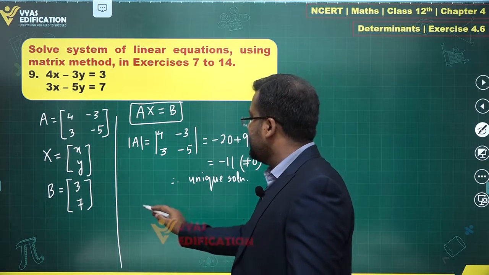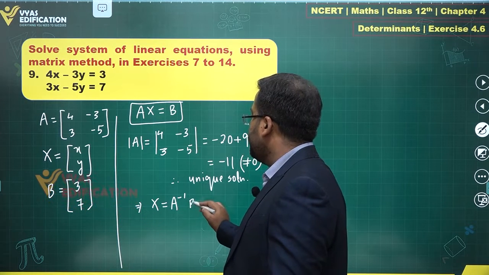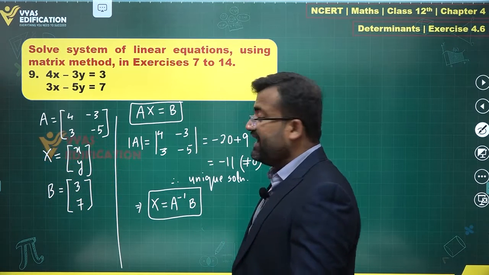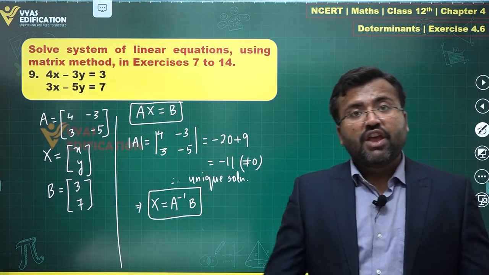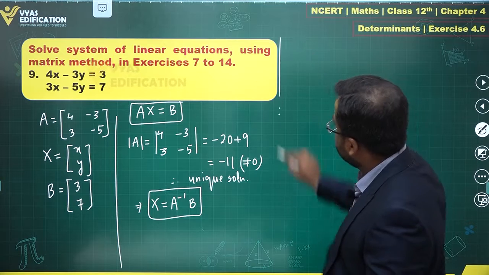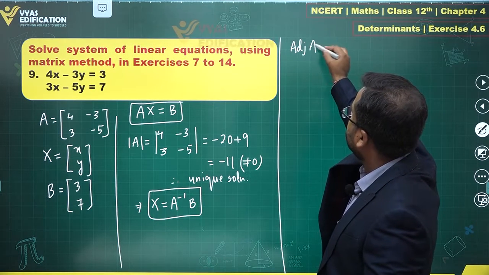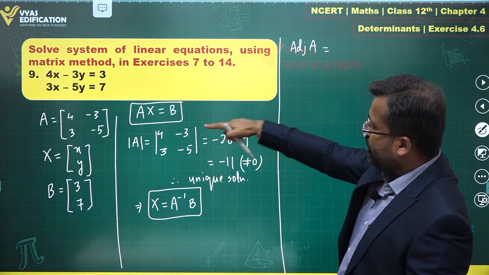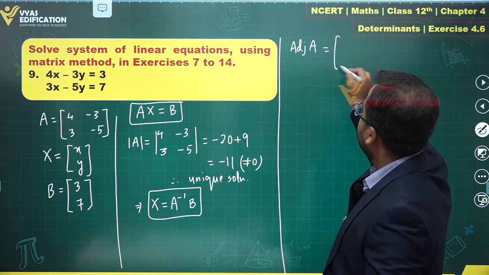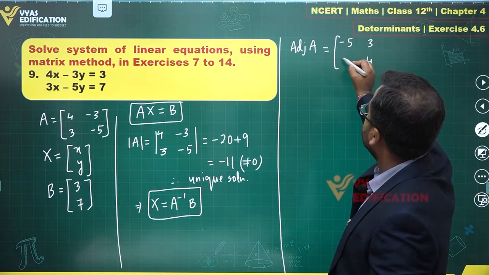X equals A inverse B. I can find the unique solution if I know A inverse. For finding A inverse, I'll need the adjoint of A. Let's begin with the adjoint of A. Adjoint of A will be equal to, for that matrix, interchange the diagonal elements, minus 5, 4. And this will become 3, this will become minus 3.